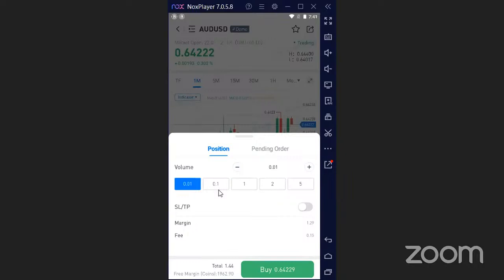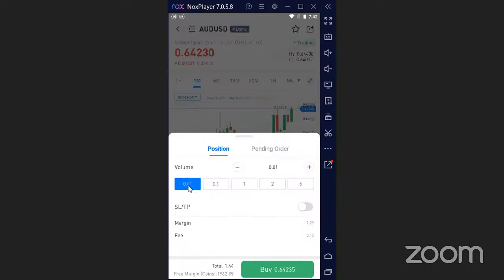As a beginner, it's very important that you use the lowest volume, the lowest lot size. This is 0.01. This is the smallest lot size. Then we have 0.1, or 0.10. Sometimes some people will say 0.10, they are still talking about this.